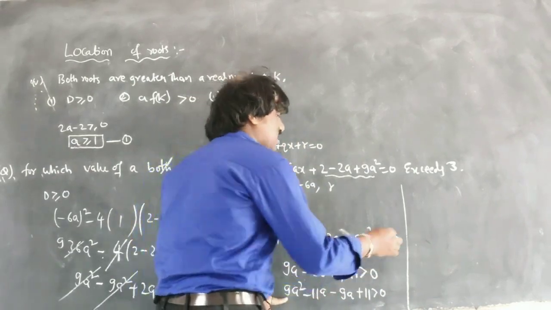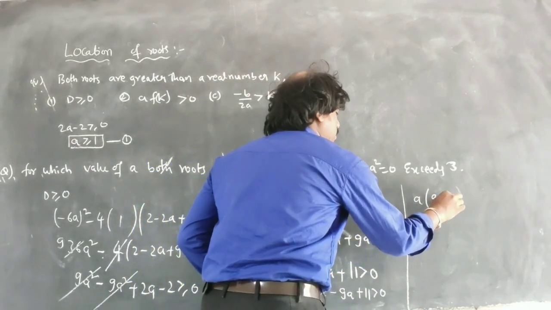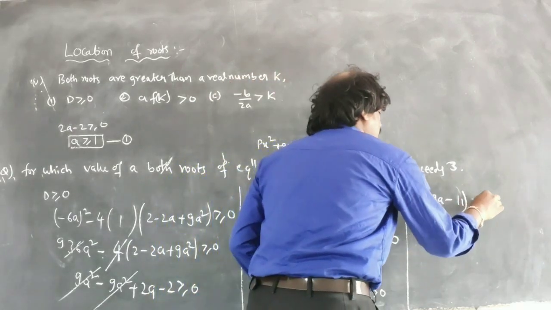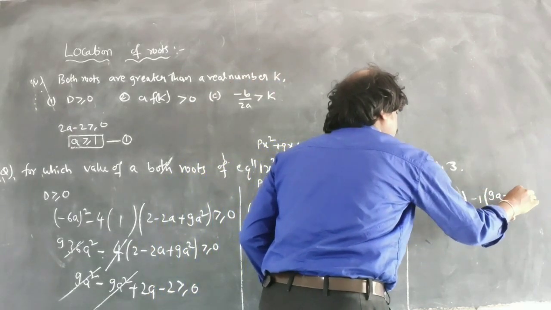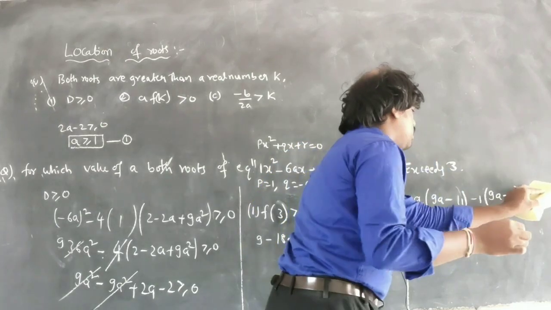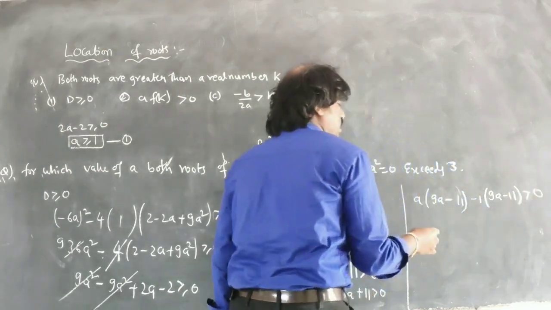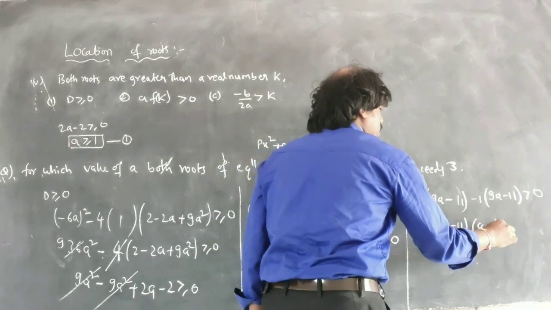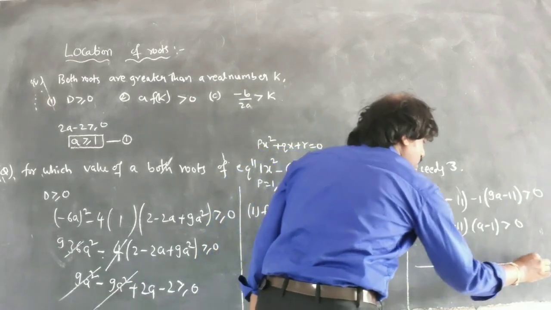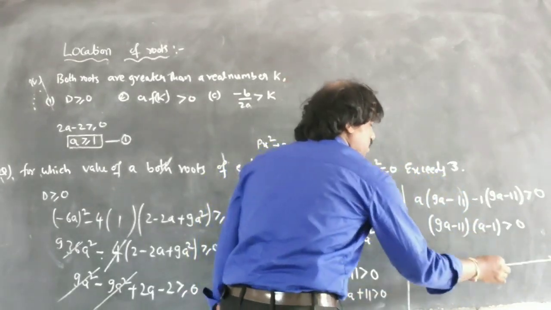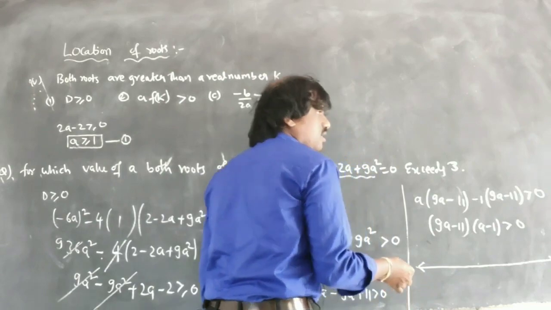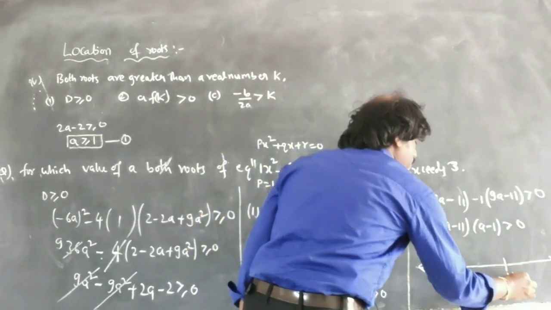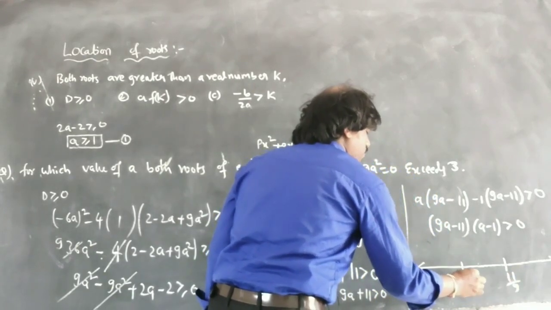So I get 9a minus 11, and minus 1 I take common, 9a minus 11 greater than 0. So what I get here is 9a minus 11 into a minus 1 greater than 0. By the wavy curve method we can find this. So this will be 11 by 9, that is more than 1. So 11 by 9 will be first and then 1 will be later.